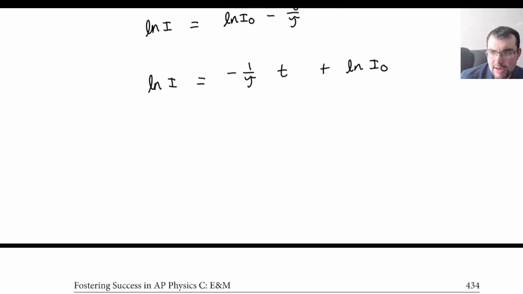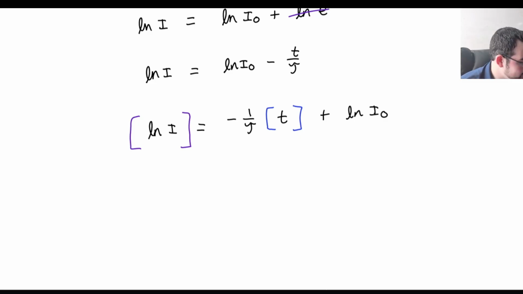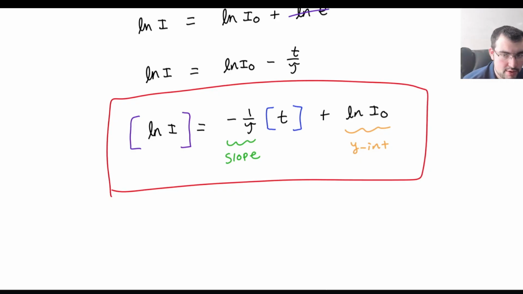And that actually is the end of our task here, because we see that one of our variables, t, appears on that side, and our other variable, we can shove in a box as ln I. And this follows y equals mx plus b, because we get purple equals some constants times the blue box plus another constant, which is the y-intercept. So this is linear with the slope and y-intercept as our expected values. So this becomes our y, and this becomes our x.